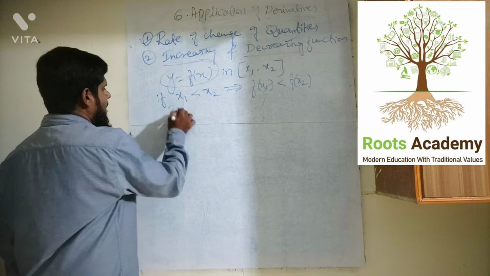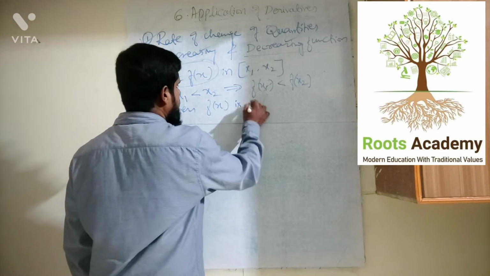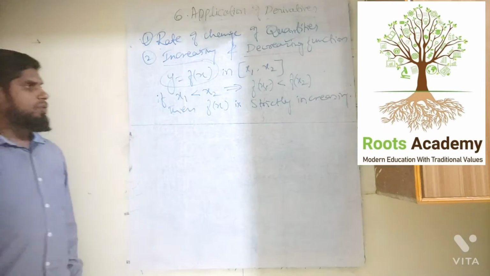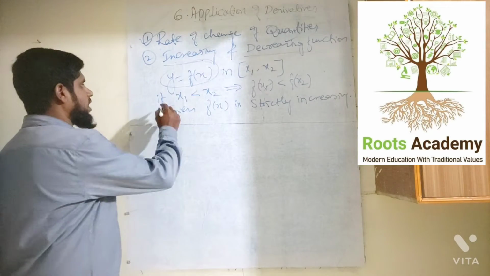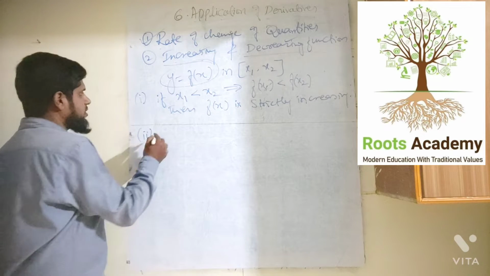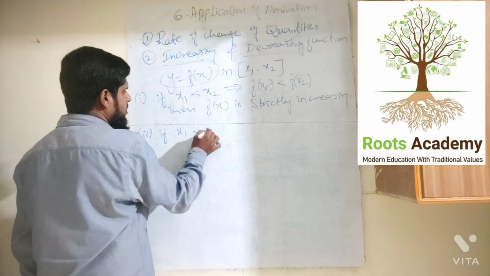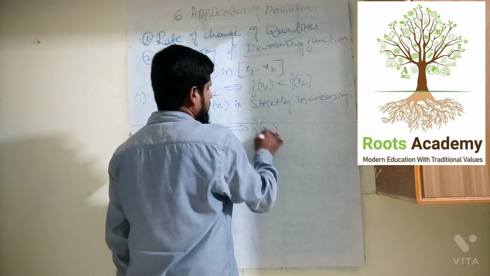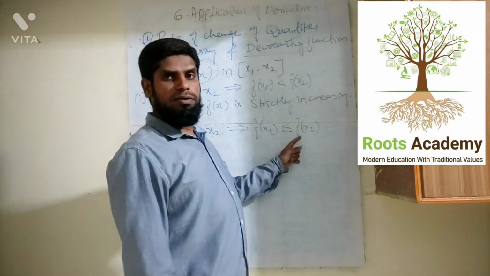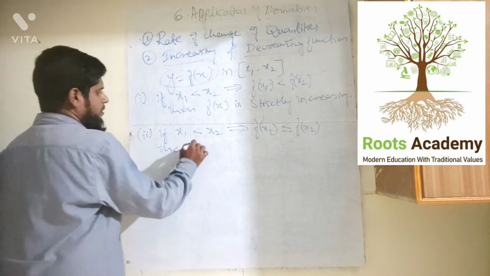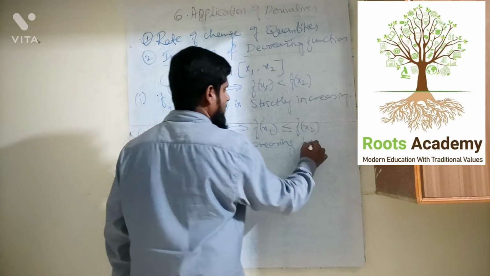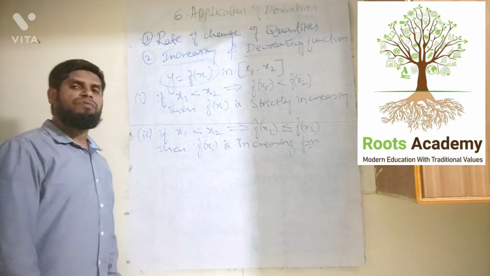That is, f of x is strictly increasing. And the second one is: if x1 is less than x2 implies f of x1 is less than or equal to f of x2, in this case we will declare that f of x is just an increasing function.